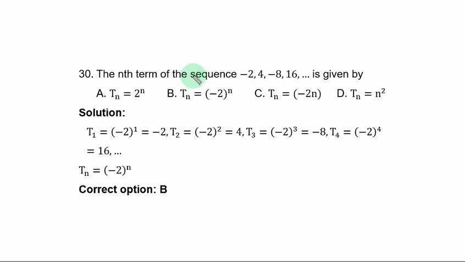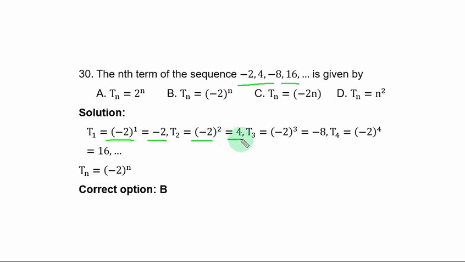Question 30. The nth term of the sequence -2, 4, -8, 16 is given by dash. Solution. If you look at the terms in the sequence, you can express all to base 2. No doubt. What of the minus? You must put it into consideration. If you raise the first term to the power of 1, it is the same. If you raise the first term to the power of 2, you have the second term.